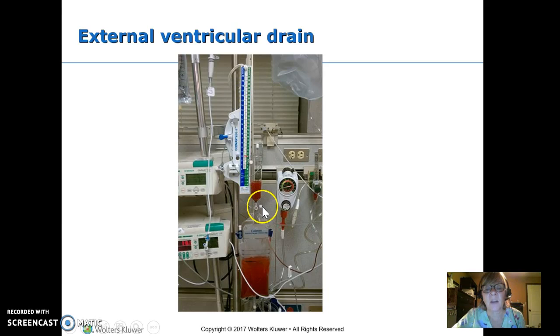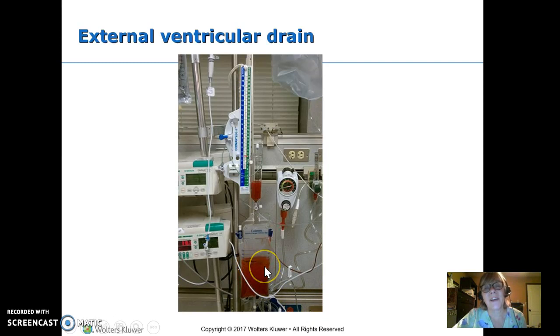There's a little stopcock you can open and let it dump down into the bag. So we're able to take off very specific amounts of CSF and measure it very accurately in a closed system. We don't have to open this at all. And when this bag is full, it's a very sterile thing with a couple of nurses to change out this whole thing. It all comes as one.